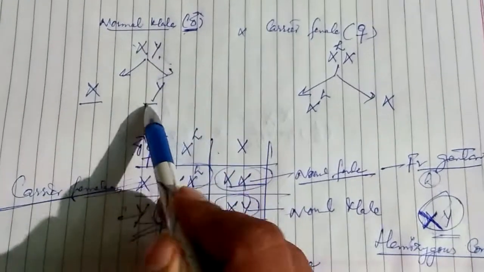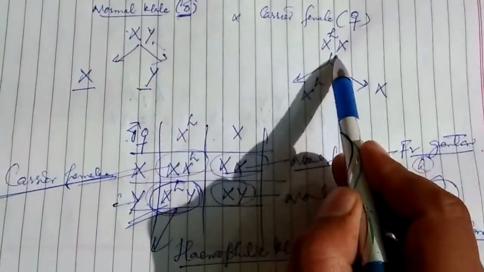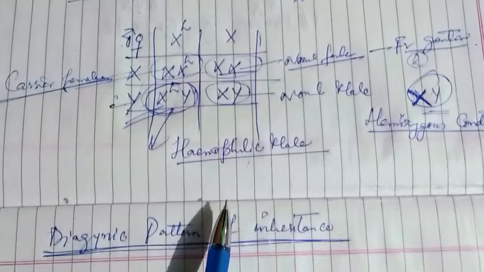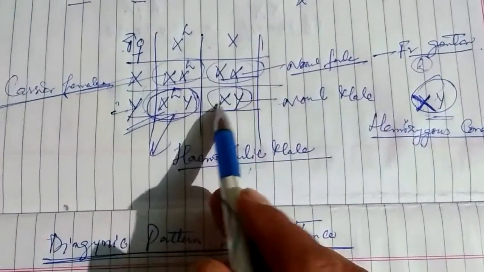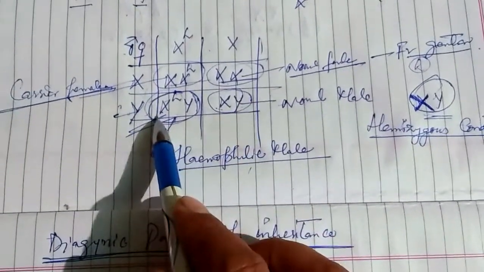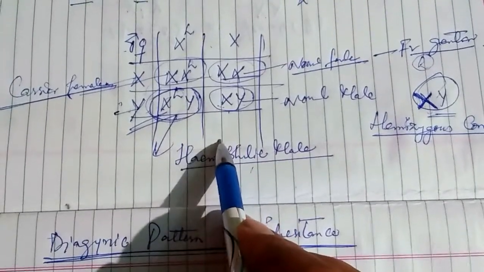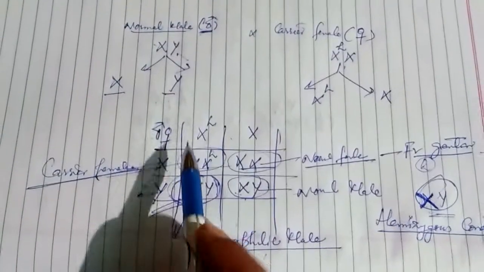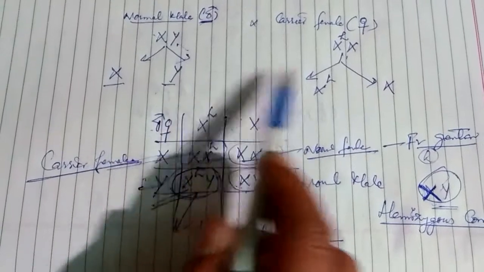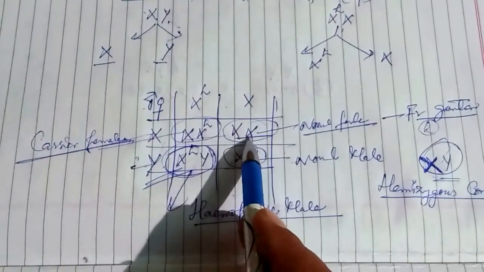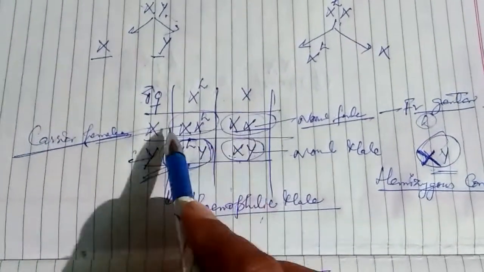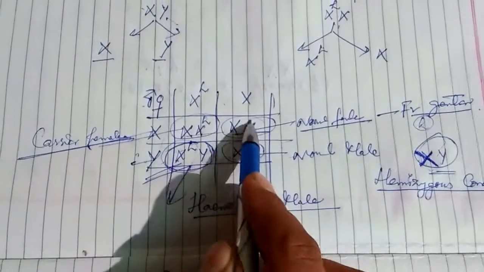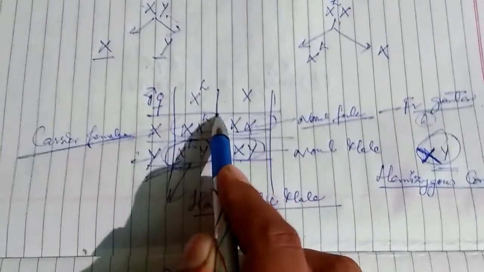Similarly, you can be asked a question in this case: if a normal male marries a carrier female, what would be the ratio of normal males to hemophilic males? There is one normal male, one hemophilic male, that is a 1 is to 1 ratio. Or you can also be asked like this: if a normal male marries a hemophilic female, what would be the ratio between normal females and carrier females? There's one normal female, one carrier female.